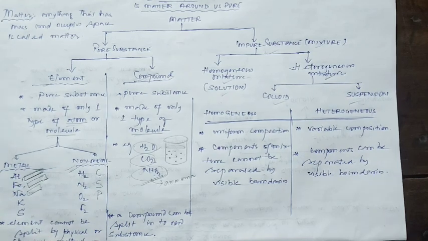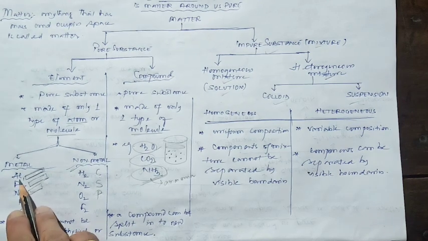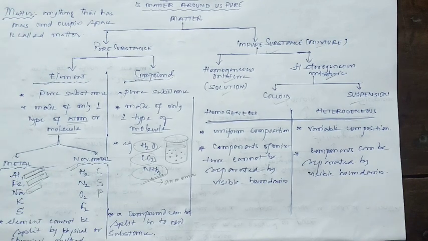Elements cannot be split by physical or chemical methods. If I take a strip of aluminium, and if I go on dividing that strip of aluminium, ultimately a stage will be reached where we will get the smallest particle of that metal aluminium.